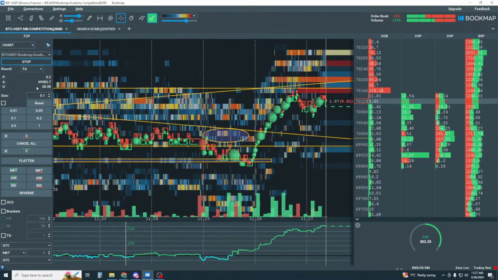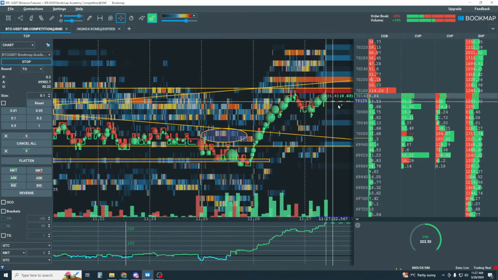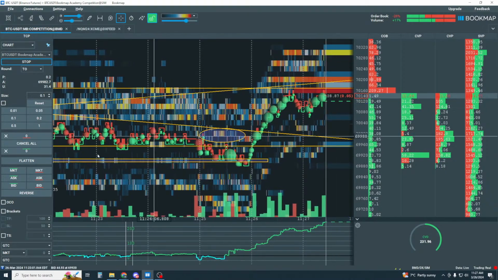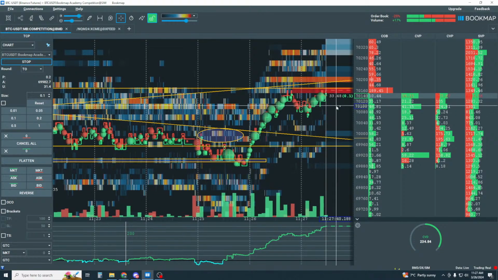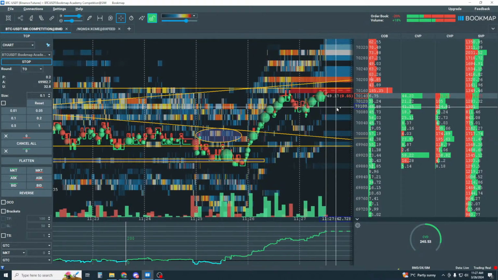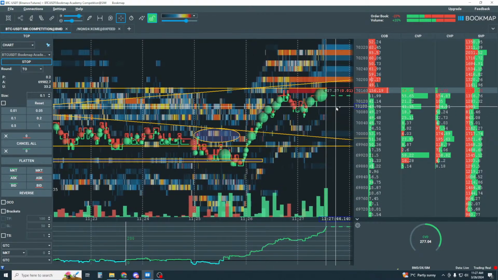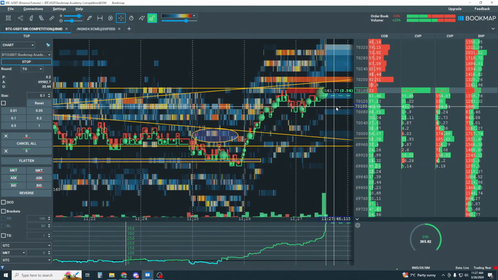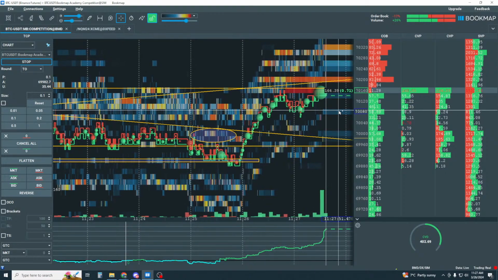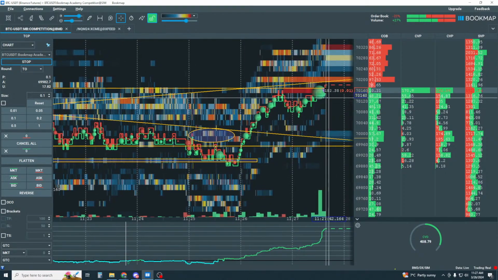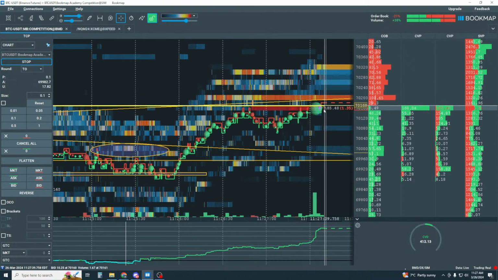So I'm going to take some off here by doing a market sell below the market. I'll just right click below current price, and you can see I got filled here. Okay, see right here?